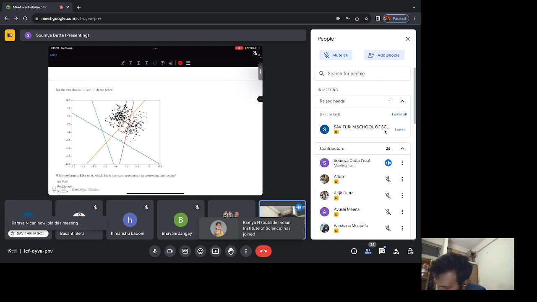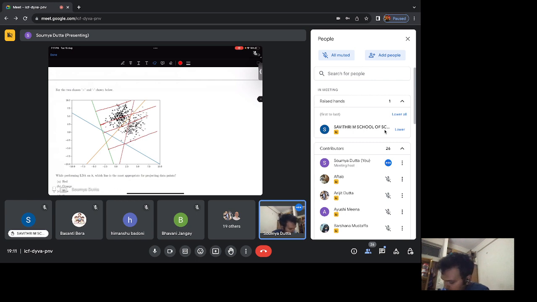If you are trying to project on green, you will have to project in this direction, right? So this will be your projections, and this will be the plus projections, and this will be the minus projections. Okay. So there is an overlap here. This part is overlapped.